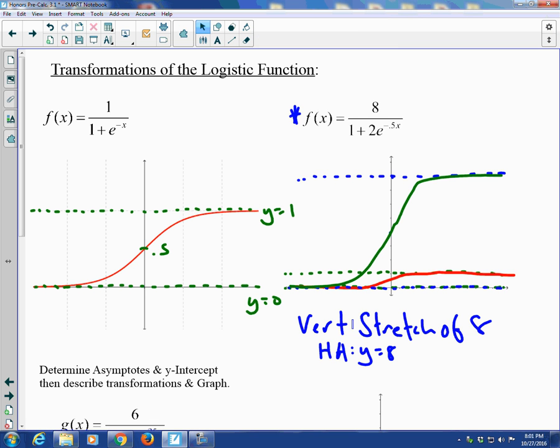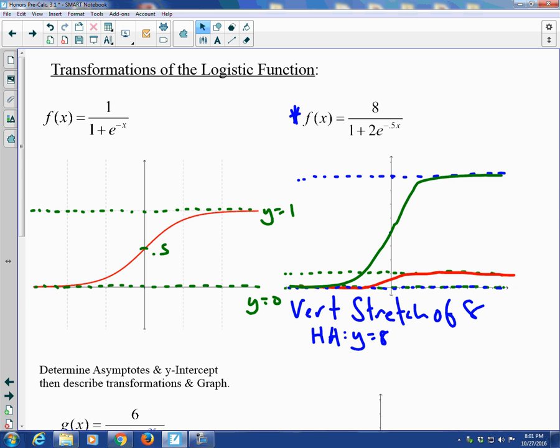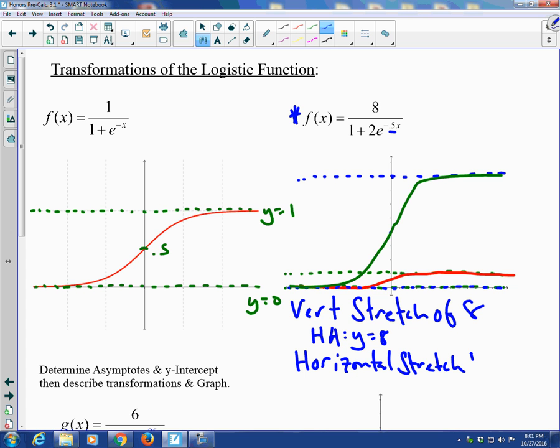The next thing we said we saw was the multiplication of 0.5 directly to x, giving us a horizontal stretch by the reciprocal, and the reciprocal of 0.5 would be 2.